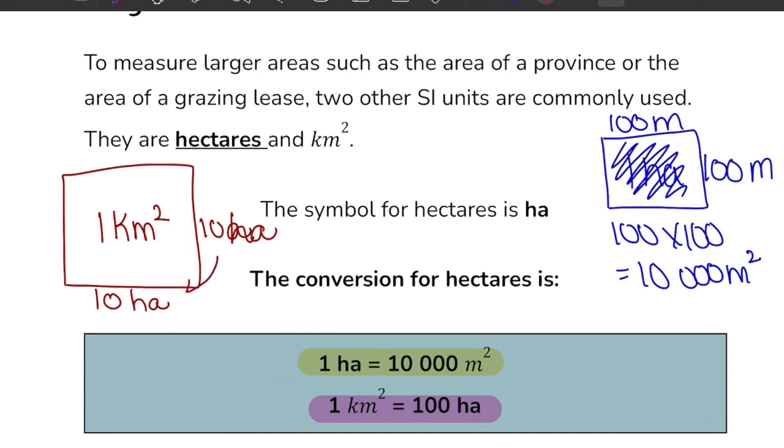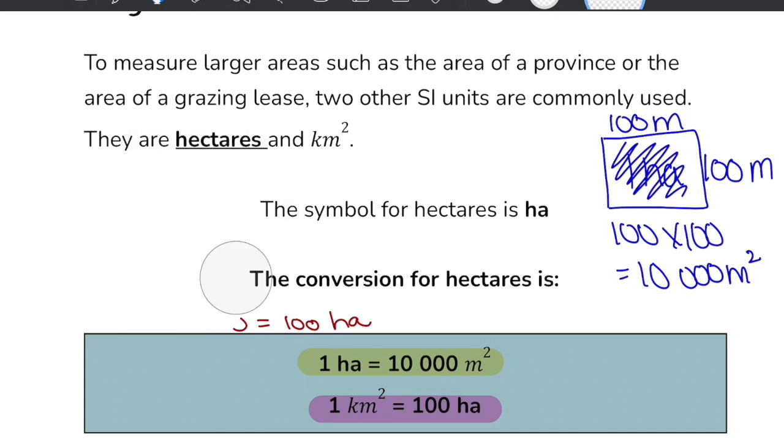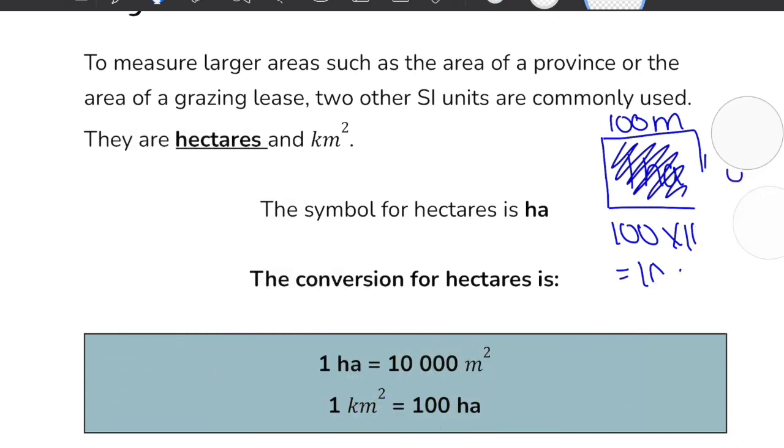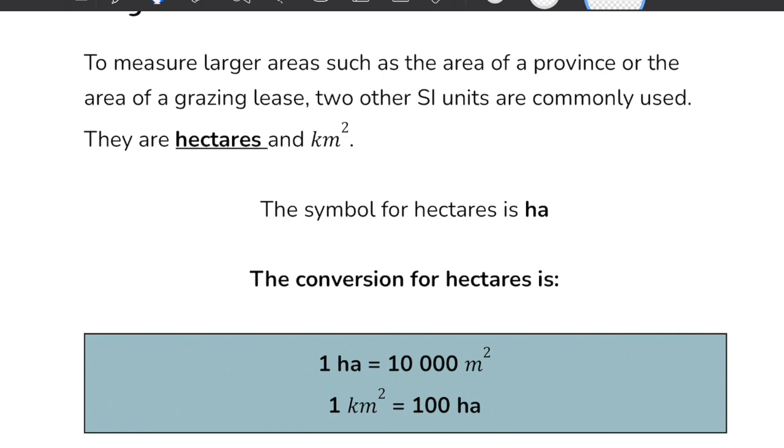And when we multiply those two together, length times width, remember, for area, 10 times 10 is equal to 100 hectares. And that's equivalent to 1 square kilometer. So these are very, very large areas that we are working with here. So now that we've visualized what a hectare looks like, let's move on to some examples.